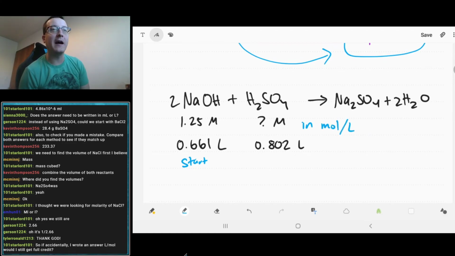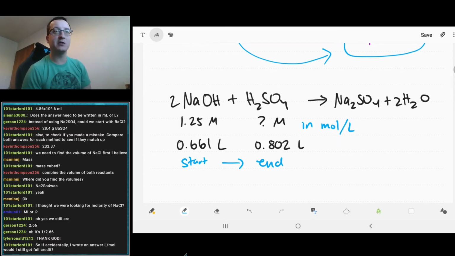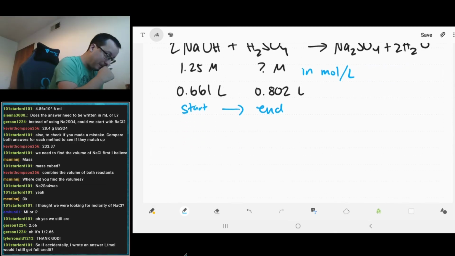Okay, so this time I'm going to explicitly ask for moles per liter, just so we are all going to be on the same page here. So we know we're going to start with sodium hydroxide. That's the one we have the information about. And we're going to end with sulfuric acid.